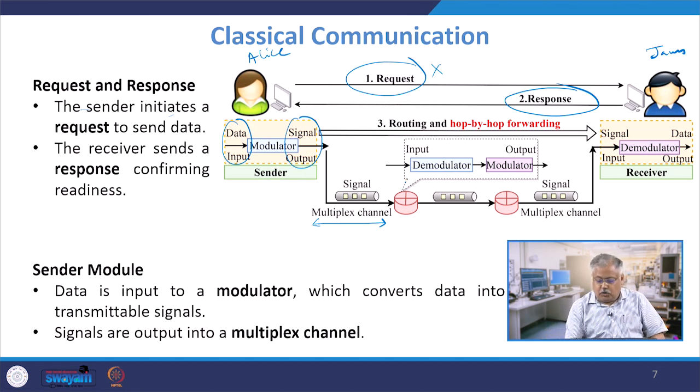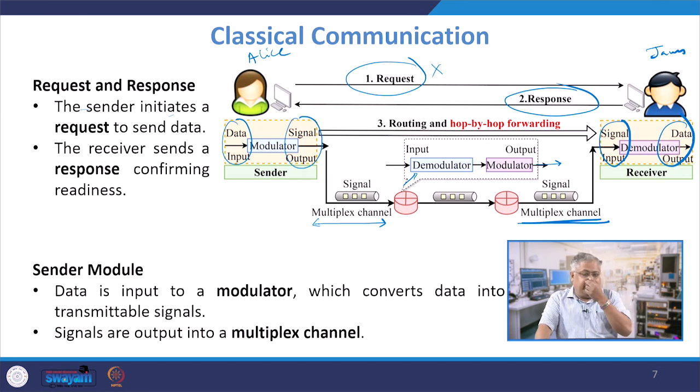Then you do a demodulation at the output side, there is a multiplex channel again, and whatever signal you are feeding here, you get the corresponding data output at the receiver side. Fine. So, this gives you a brief idea about general communication theory, which means that you have a modulator at the input side and a demodulator at the output side, and there will be a multiplex channel available for the signals to go through.